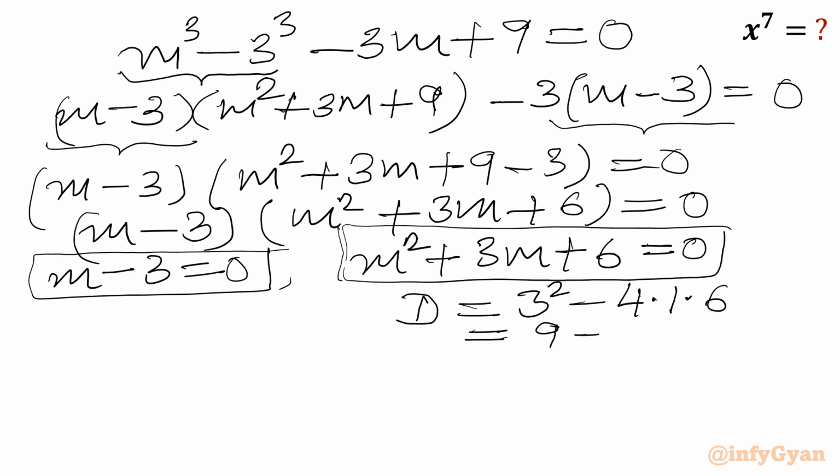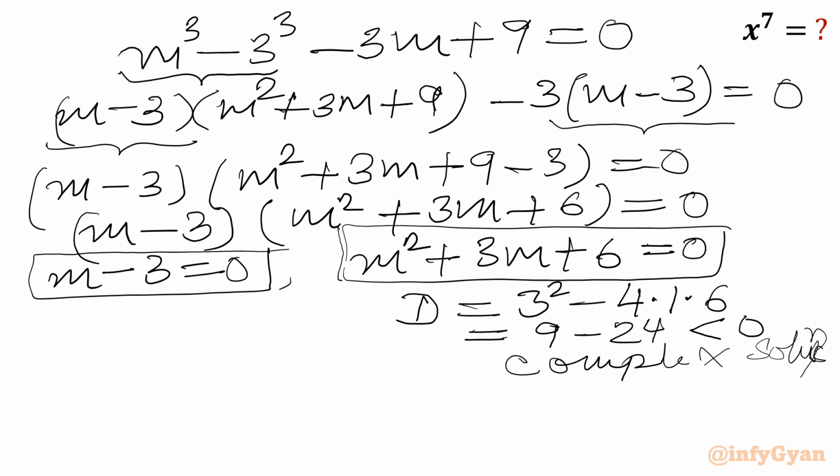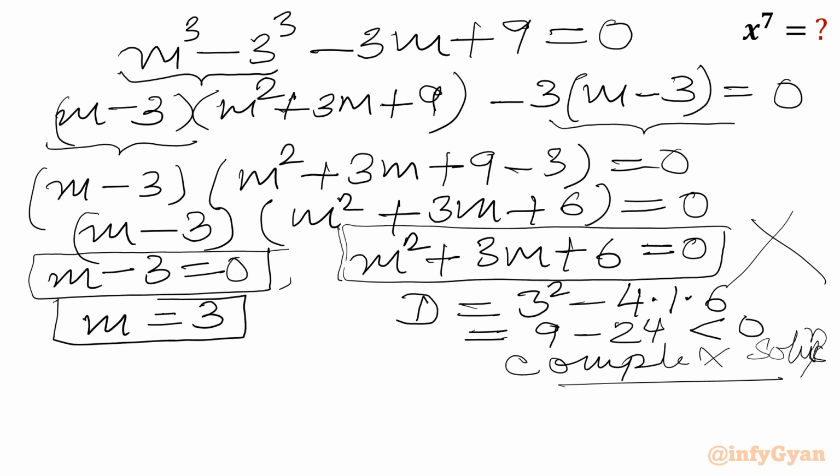So this is 9 minus 24. Discriminant is negative. We will get complex solutions. So I can reject the quadratic equation. This will be rejected. So m minus 3 equal to 0.